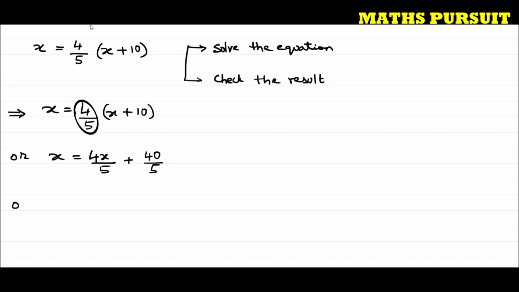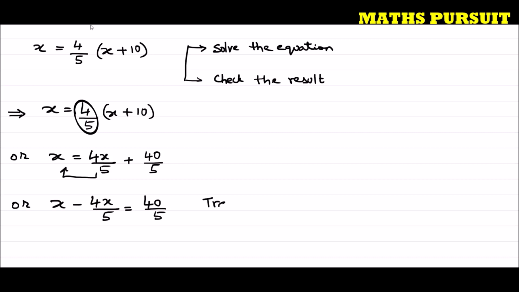Or I can write x - 4x/5 = 40/5. What I am doing here is I have just moved this 4x/5 to the left side of the equation.